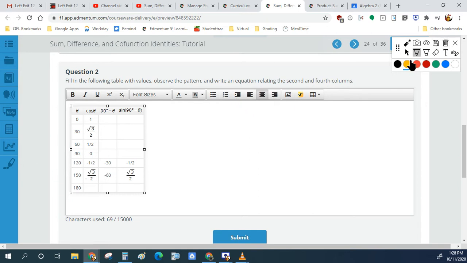All right, so now we get this 180. So if we're going to do 180, our cosine is 1 again. And this would end up making it negative 90. And like we've been saying here, negative 90 is down here, negative 90 degrees, which would make our y value negative 1.